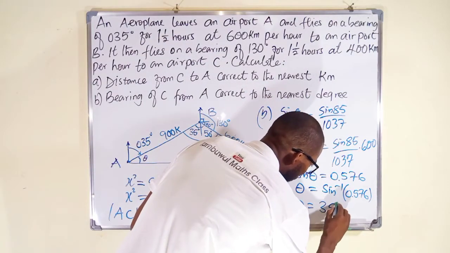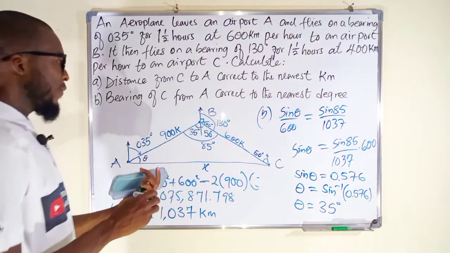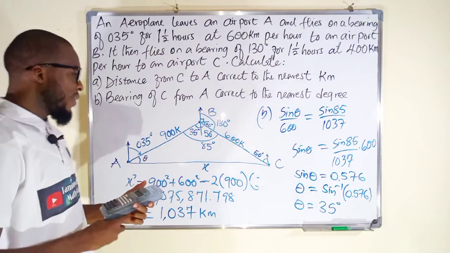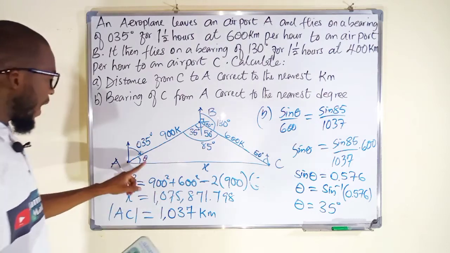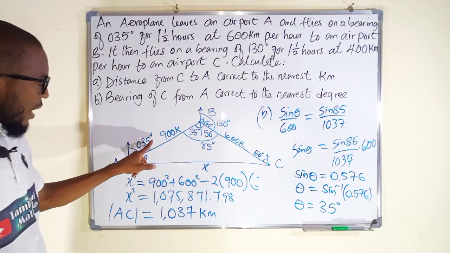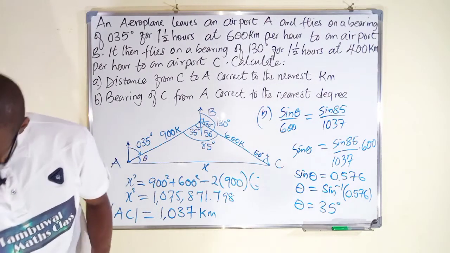This is 35 degrees. Therefore, finally, we're going to find the bearing of C from A by adding theta and 35 degrees.